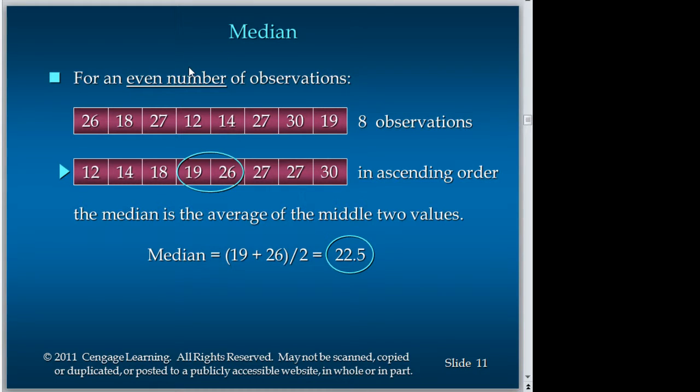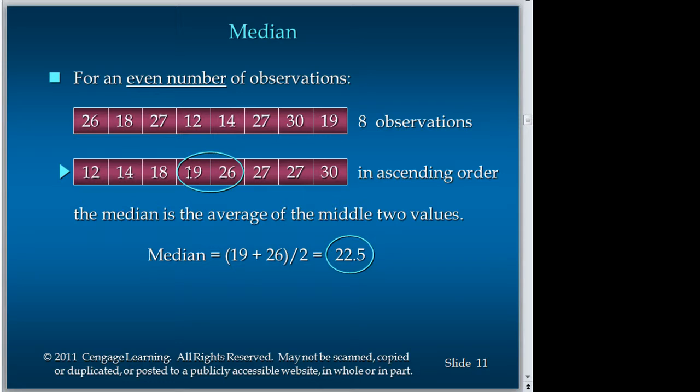If the sample has an even number of data points, like even observations, 8 numbers right here, you rearrange it from small to large, and you pick this middle two numbers, 19 and 26. This is the fourth number, this is the fifth number, right?